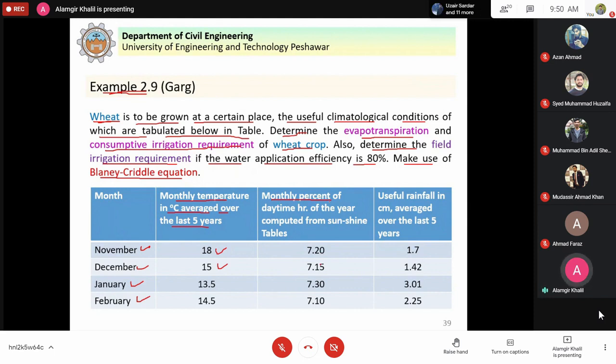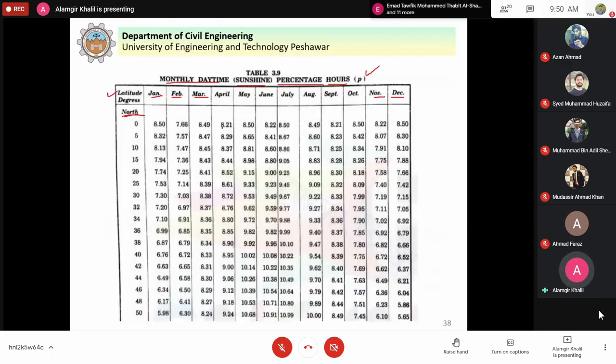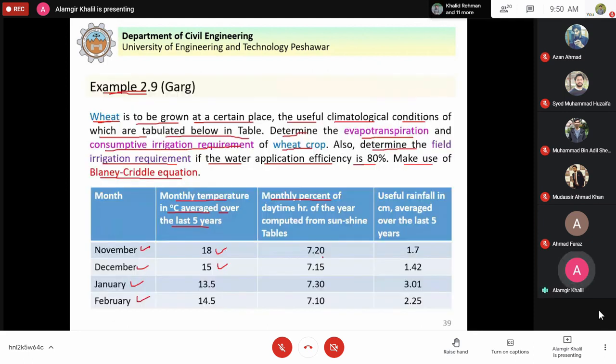If we do not have the P values given to us, then we can use this table for any location, for example 10 degree north, and pick the value of P for the different months from this table. But here in this question the P values are given. This is the monthly percentage of daytime hours of the year computed from sunshine tables, which I already showed you. And we have the useful rainfall in centimeters, averaged over the last 5 years. For these months the useful rainfall, that is the effective rainfall, is also given.